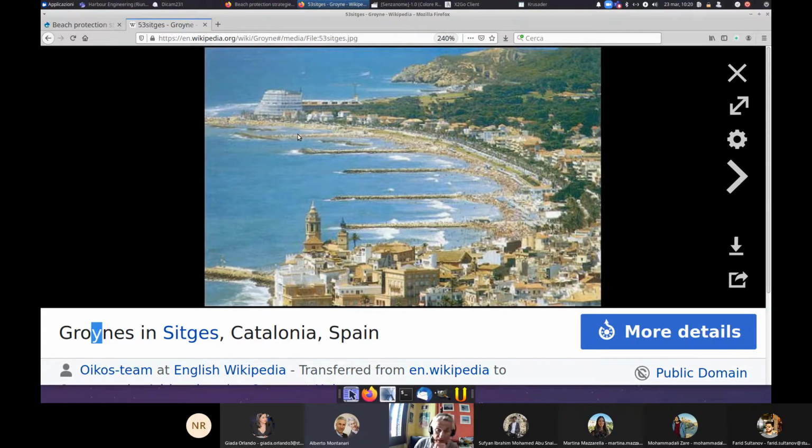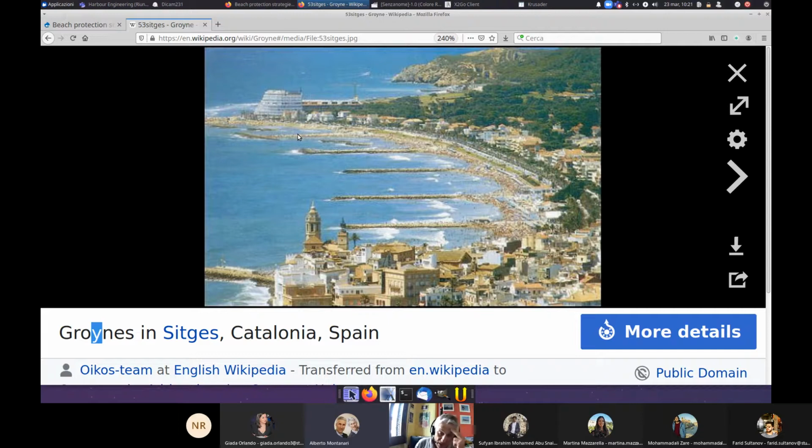And why am I saying this? I think that the dominant direction of waves has a component from the town that you see in the bottom of the picture to the higher part of the picture.